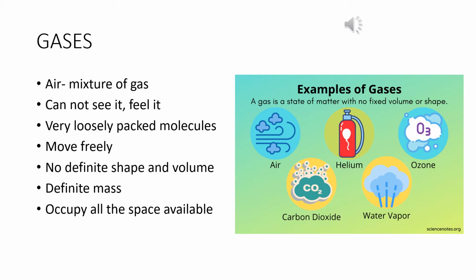Since they have a lot of space in between the molecules, they can move freely. They do not have any definite shape. If I contain the gas in a balloon, it takes the form of the balloon. If I take it inside a glass container, it takes the shape of the glass container.